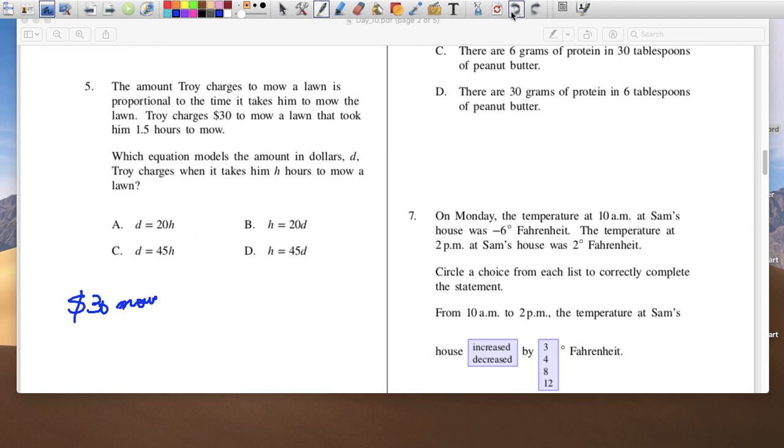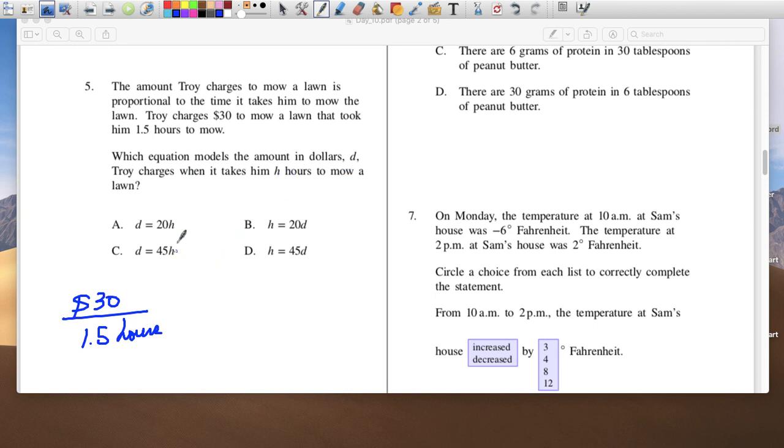So it's $30 over what? Over 1.5 hours, right? So that's your ratio here. So we're looking for which equation models the amount in dollars D that Troy charges when it takes him H hours to mow a lawn.